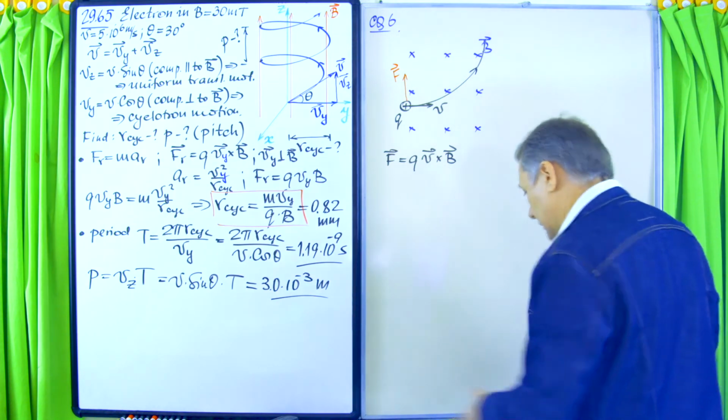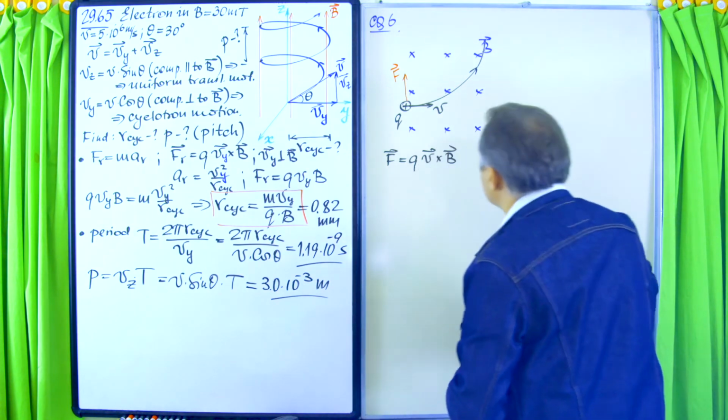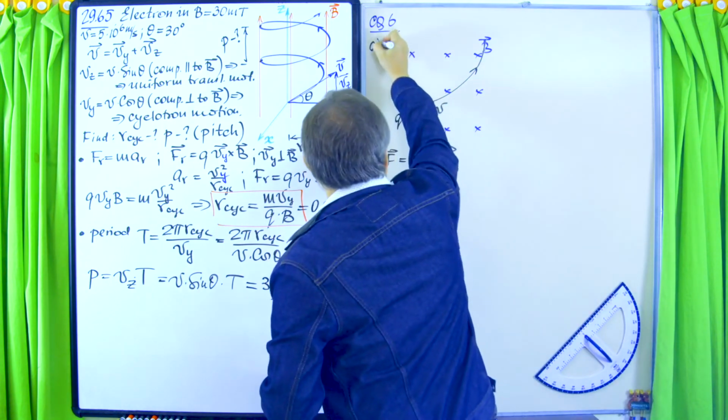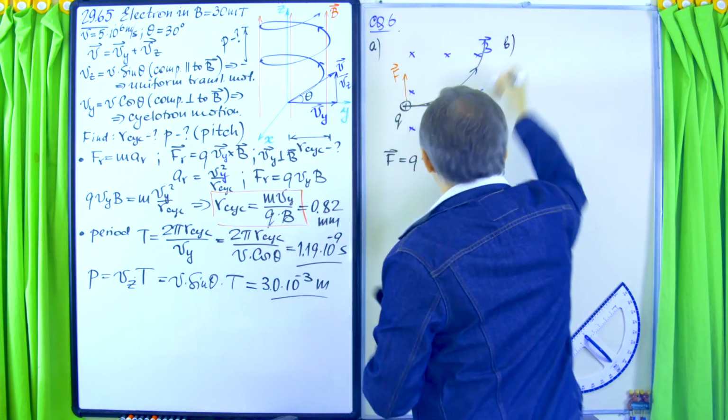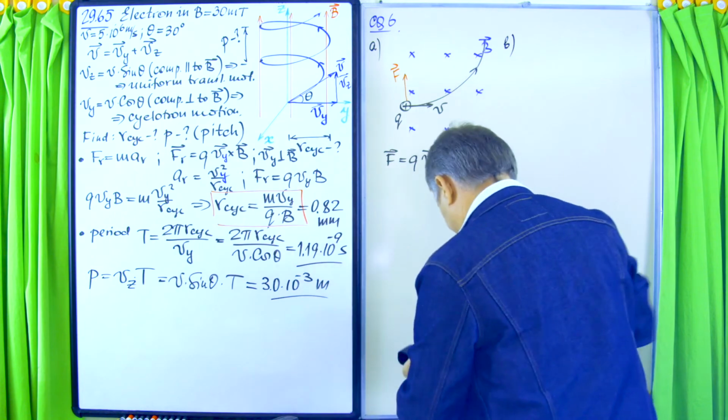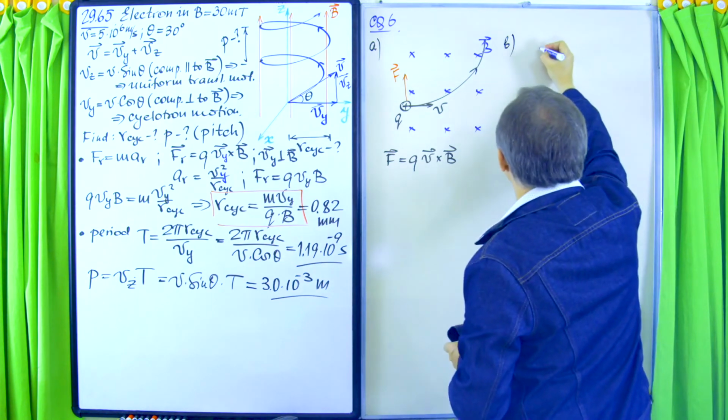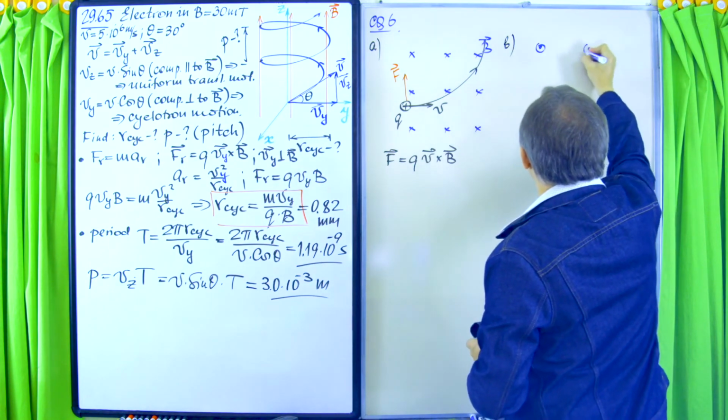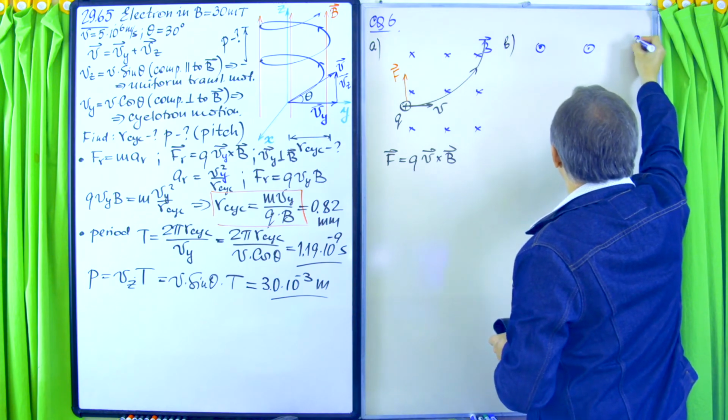And then the next one, quickly. So this is part A. Now part B, and then I will switch to the slides. So now let's say the magnetic field is represented by these dots.